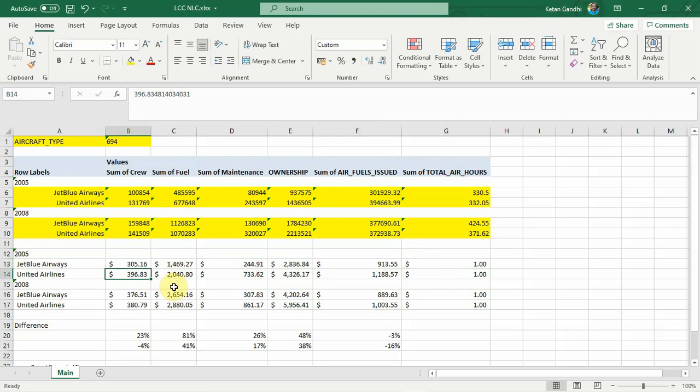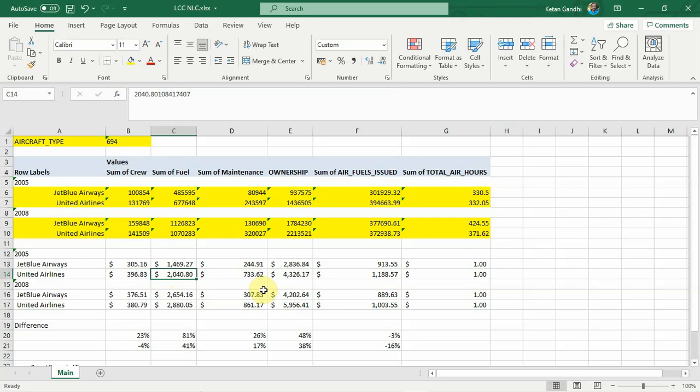United Airlines for year 2005, using this aircraft 694, based on the data given here on the number of hours flown, we are just coming up with a calculation per hour. The crew cost was about $3,968.3 per hour.